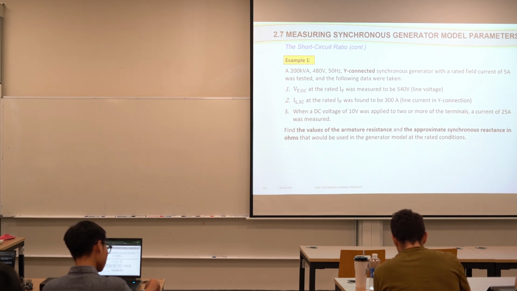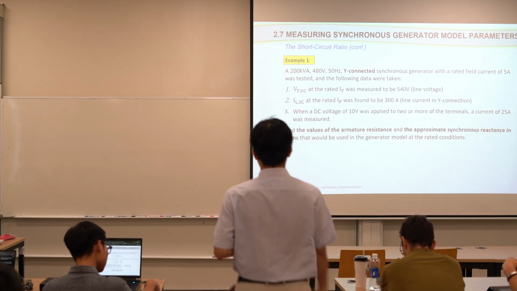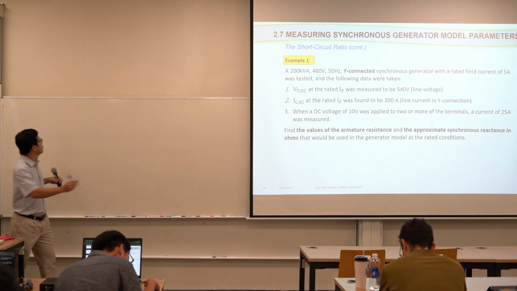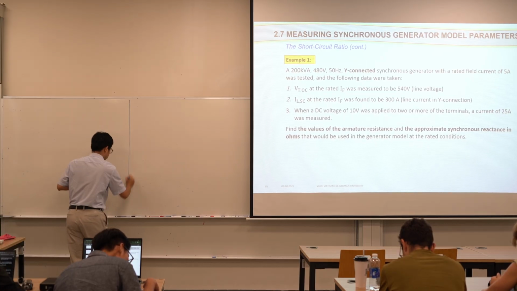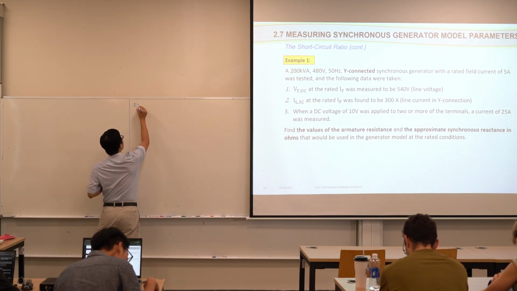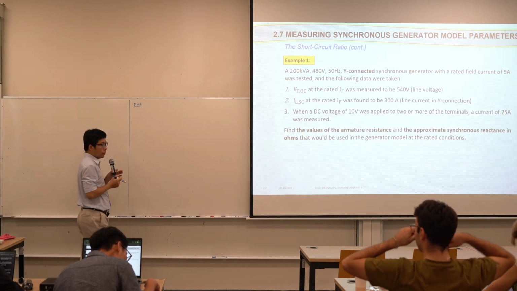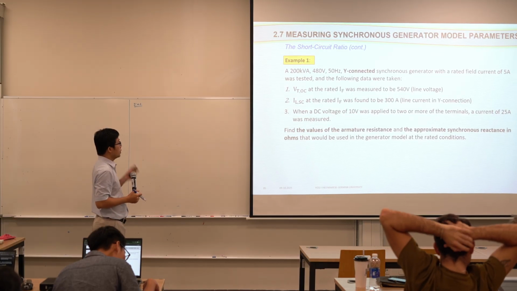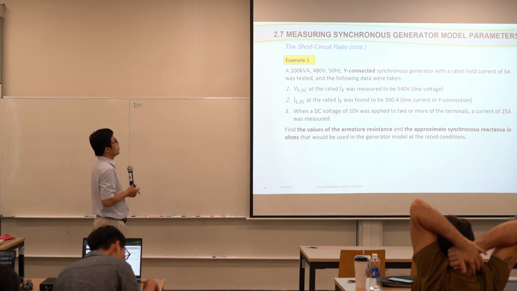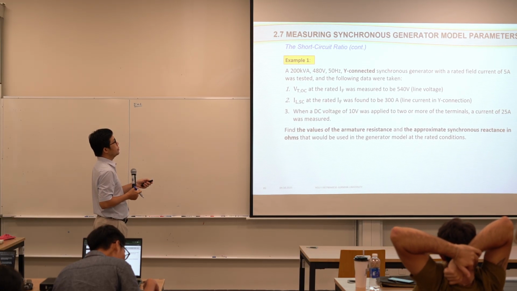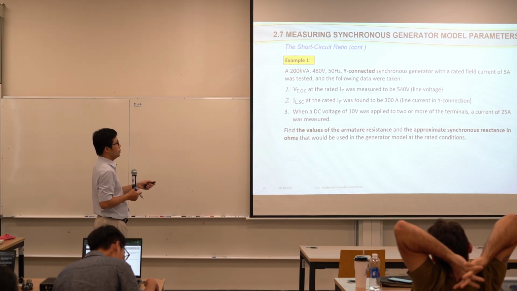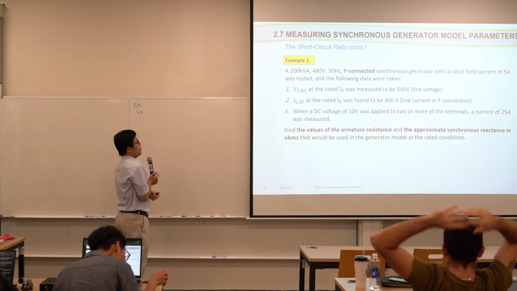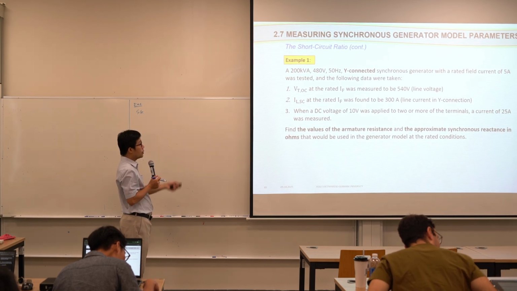So, example 1. We need to summarize these questions. The questions give you the object of a synchronous generator. How many phases? 3 phase.